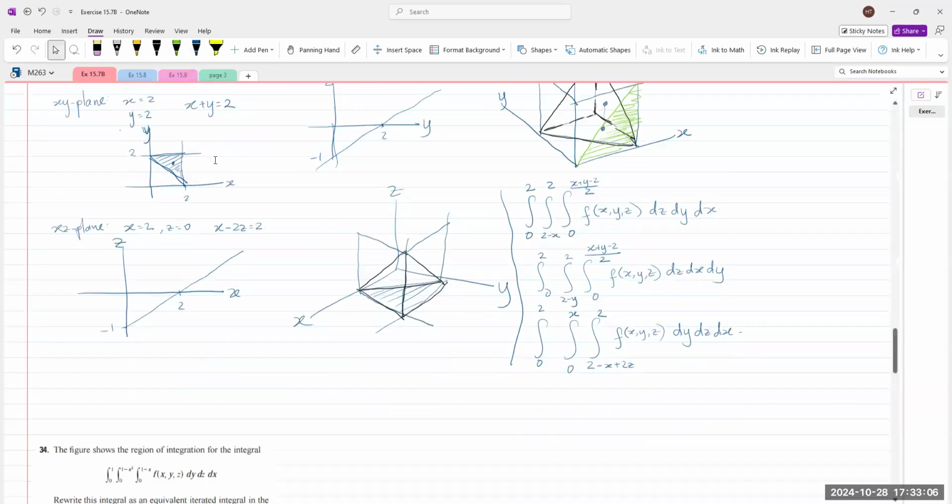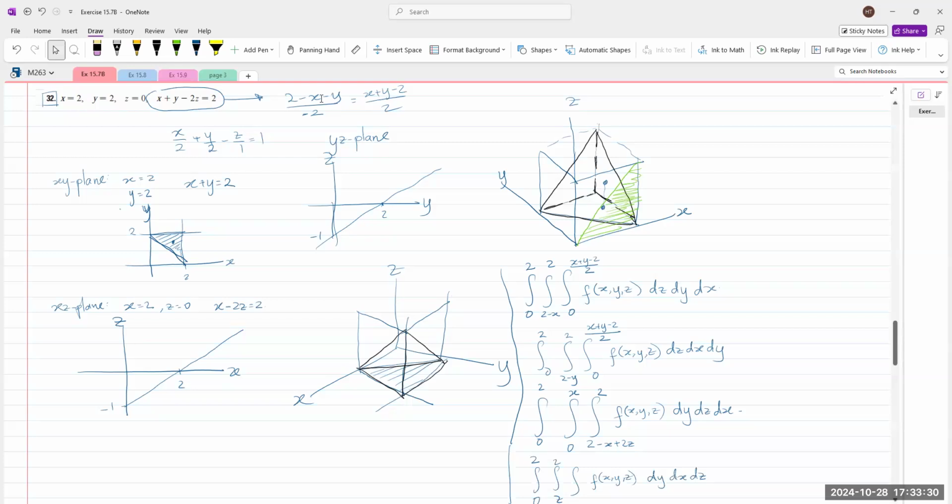This will be 2 minus x plus 2z, going up to 2. Using the same concept, if I reverse the outer two integrals, the z will be from 0 to 2, the x will be from z to 2, right? Take a look here.